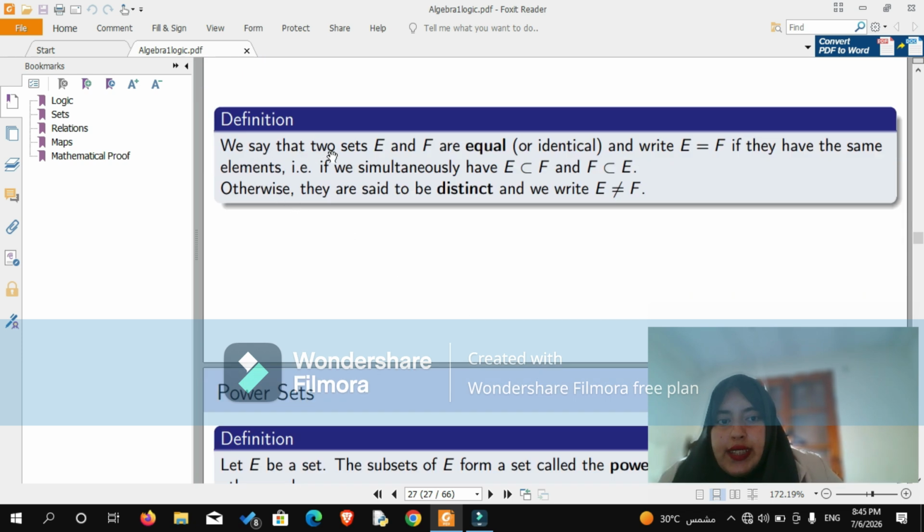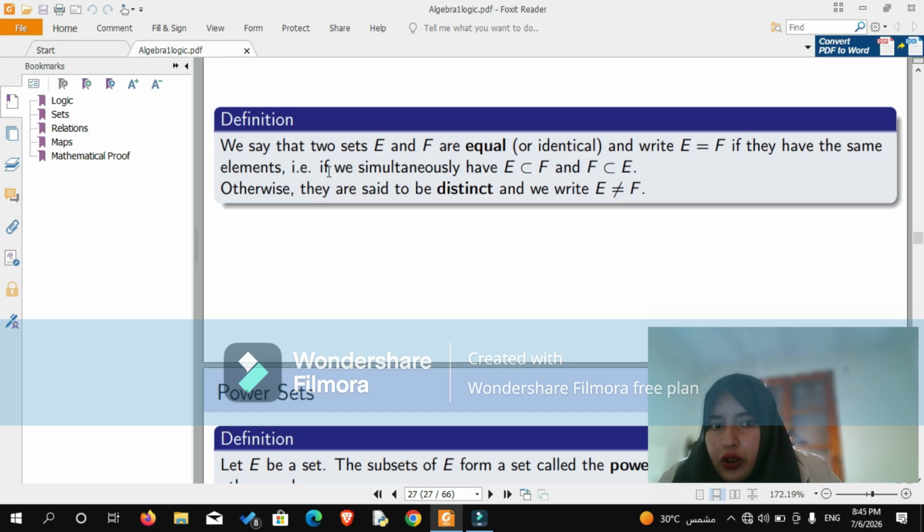We say that two sets E and F are equal or identical, and we write E equals F, if they have the same elements.